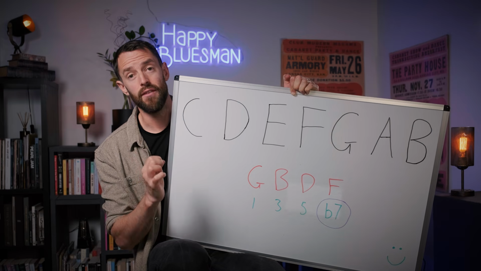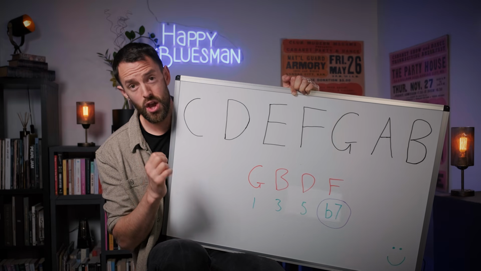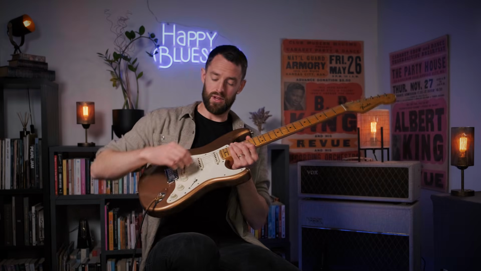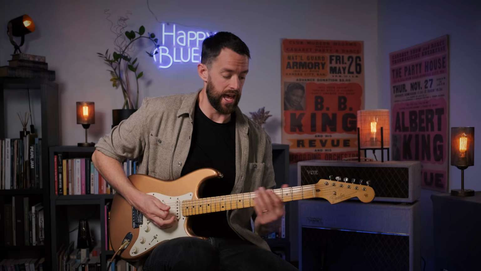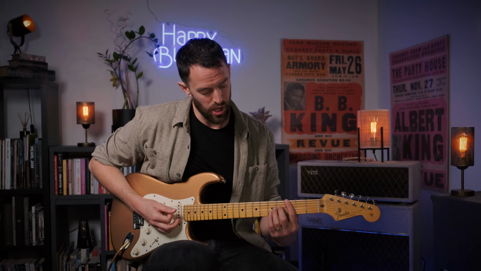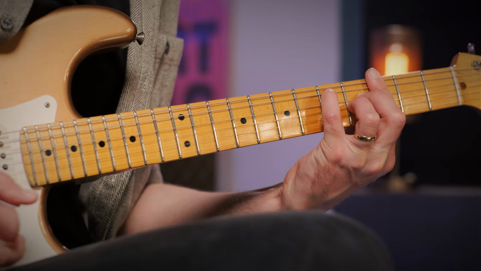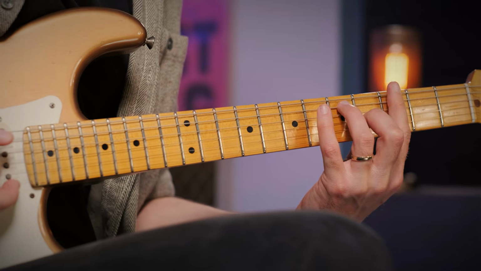We don't have a major 7 chord, we have a dominant 7th chord. The function of those chords is different, the sound of those chords is different, and we can immediately see this if we take, say, a G major 7, to then a G dominant 7th.